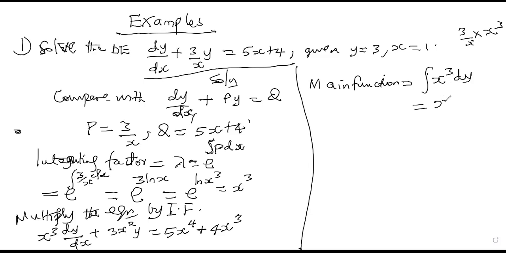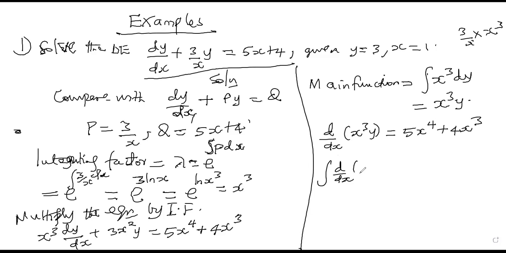So it is going to be x cubed y. The derivative of the main function x cubed y should be equal to the right hand side, which is 5x to the power 4 plus 4x cubed.